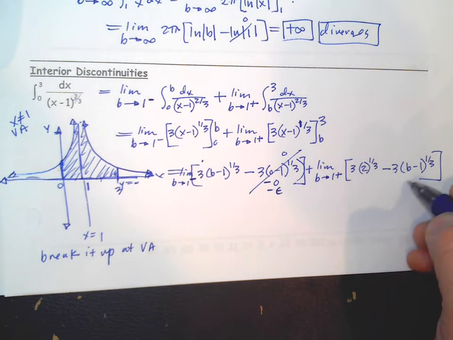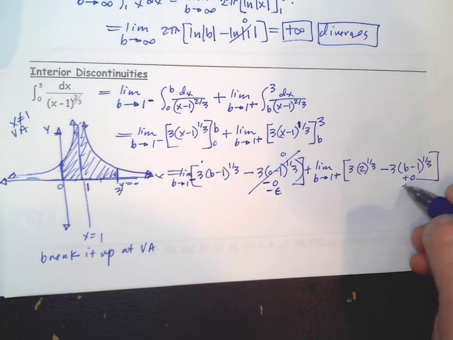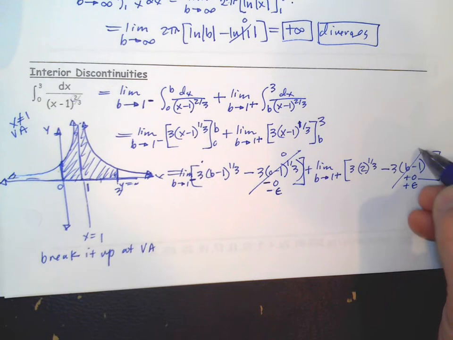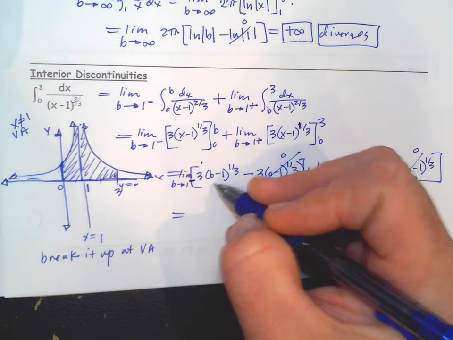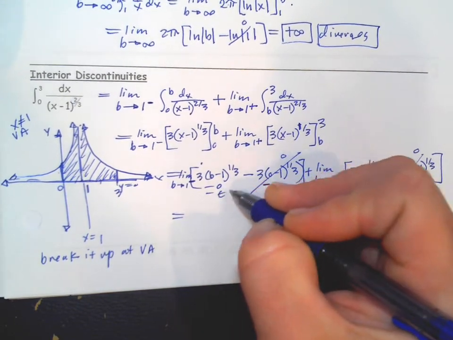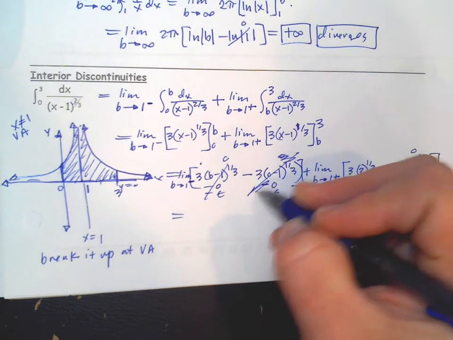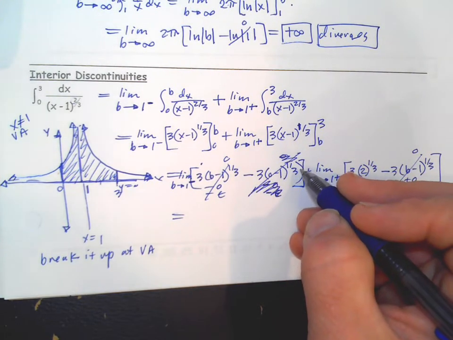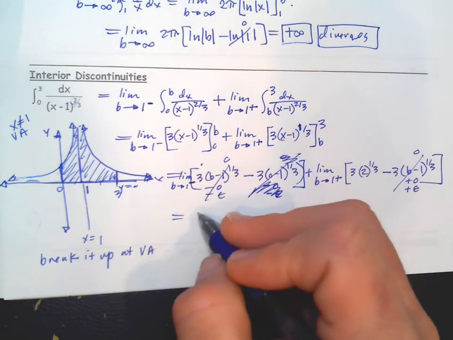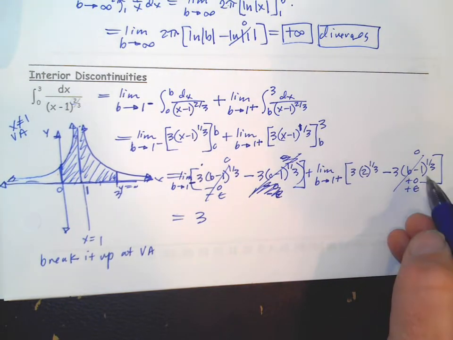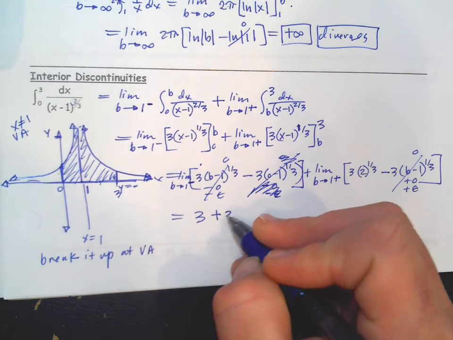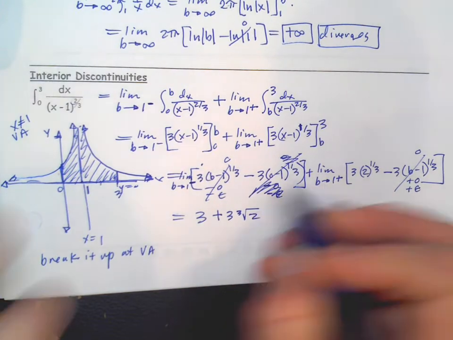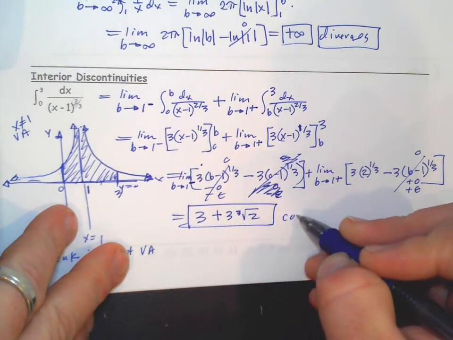This side is on the right side, so it's like 1.0001 in here. It's a positive tiny quantity. It's not quite 0, but it's going towards 0. That's the one going to 0. This one's not going to 0. That's going to be negative 1 to the 1/3 power, which is negative 1. It's going to be positive 3. And then this is going to end up plus 3 cube root of 2. So it converges.